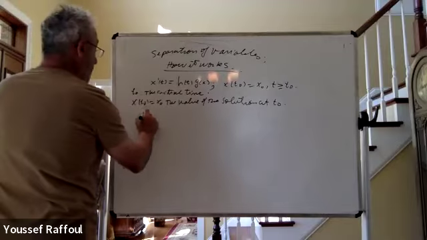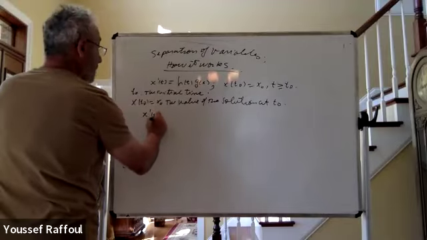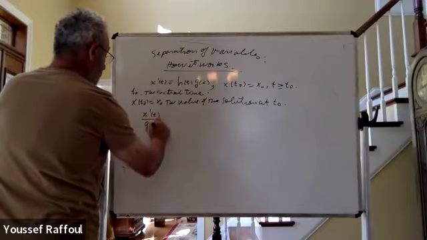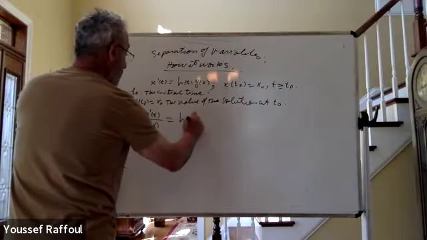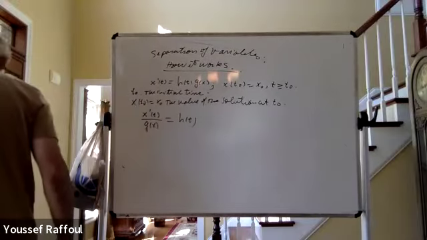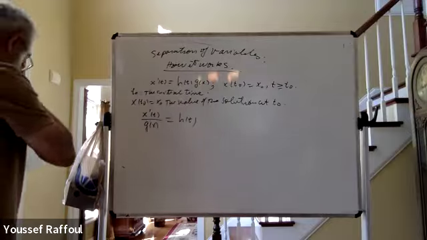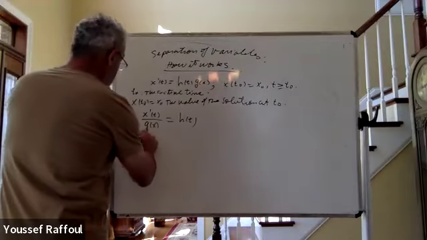So basically, we're going to write x prime of t over g of x equal to h of t. Okay? Integrate both sides.